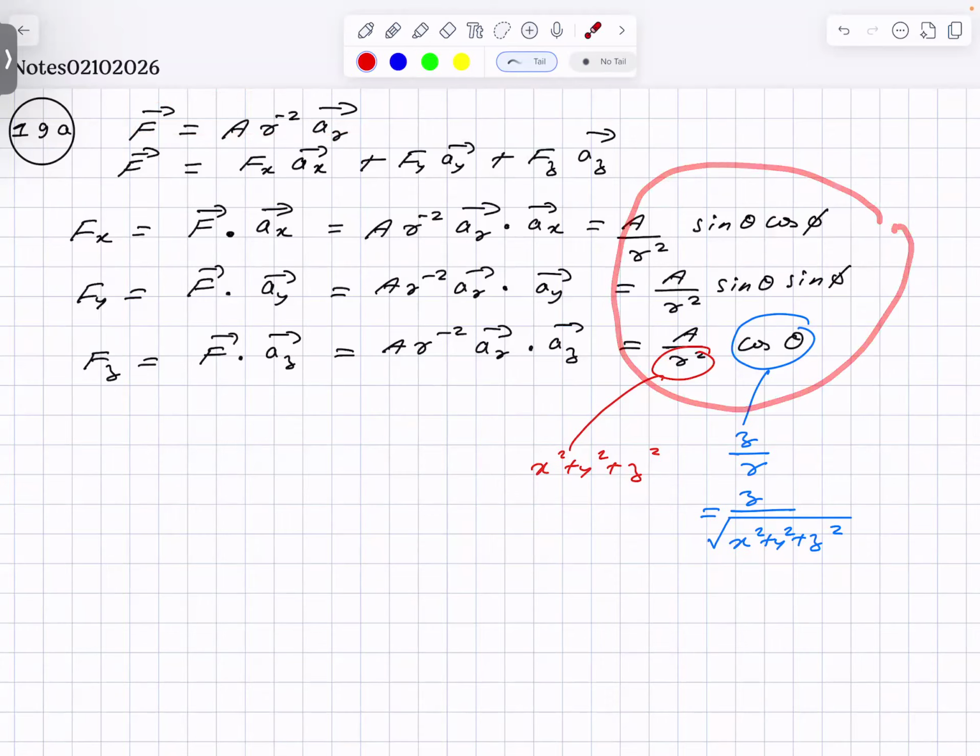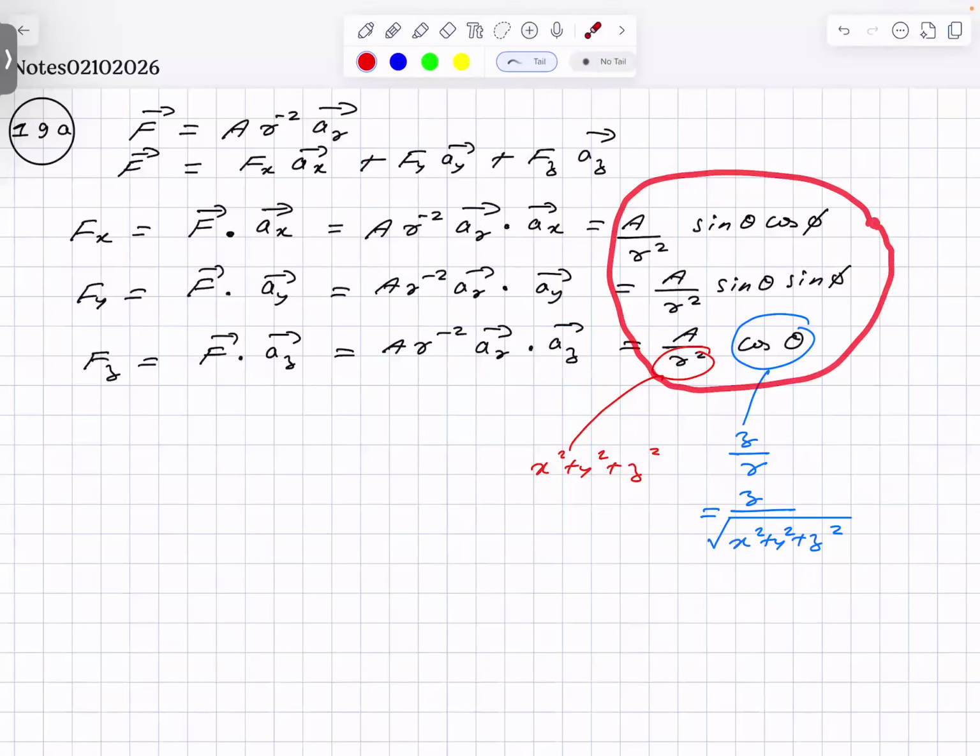These are the three components in the rectangular coordinate system, but the components are not in terms of x, y, and z yet. They are in terms of r, theta, and phi, which are spherical coordinates. So we have to apply the transformation equation for points to convert r, theta, and phi to x, y, and z.